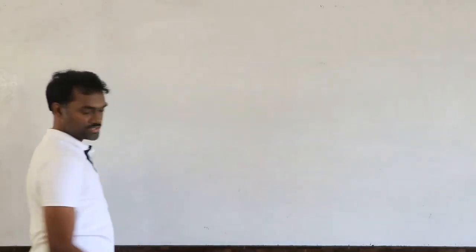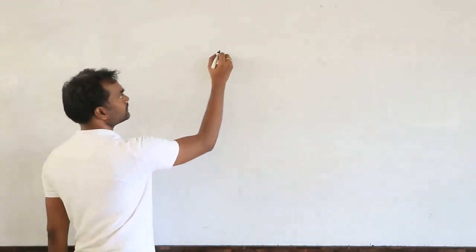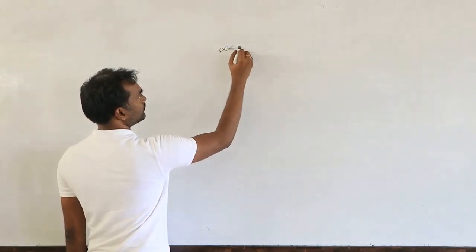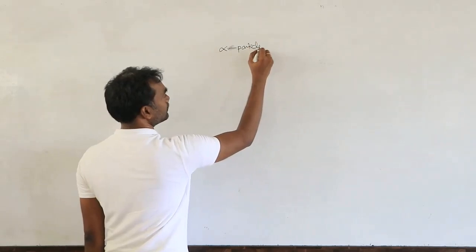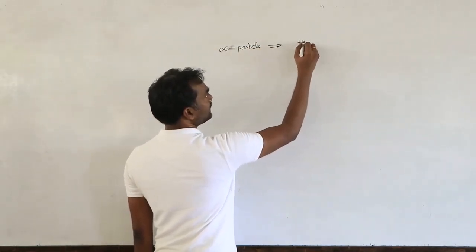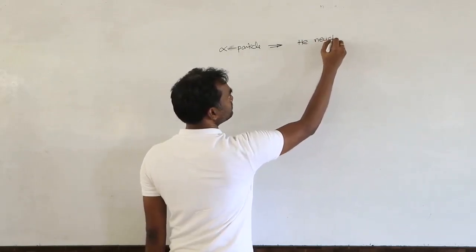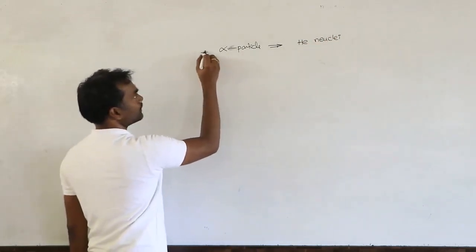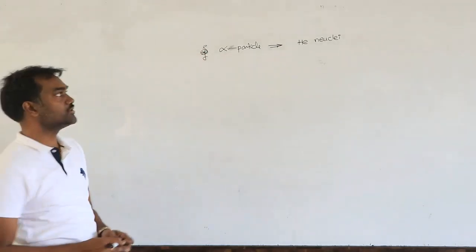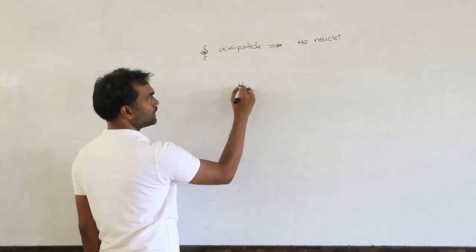Here we discussed the alpha particle. What does alpha particle mean? It means the helium nucleus. What is a helium atom?